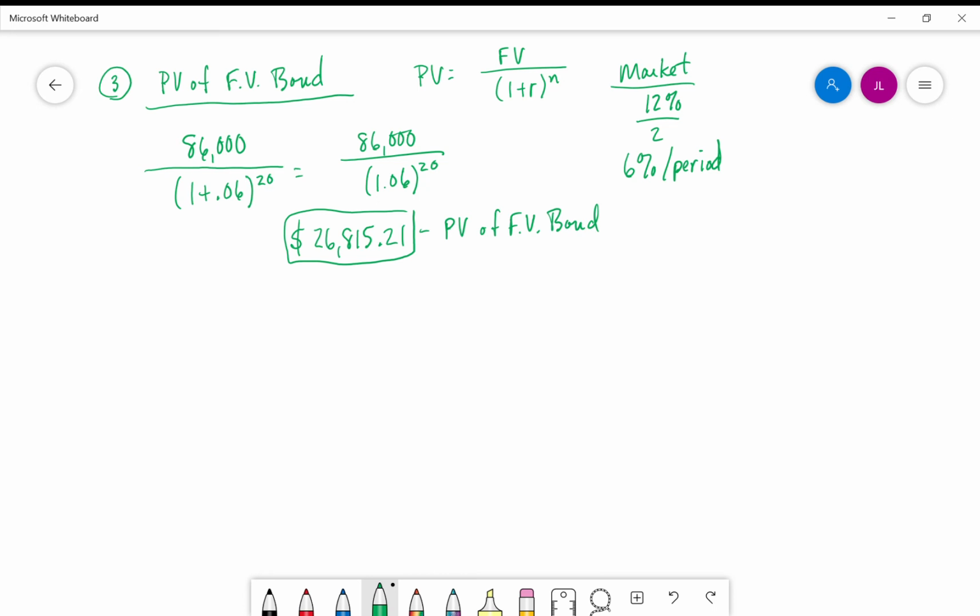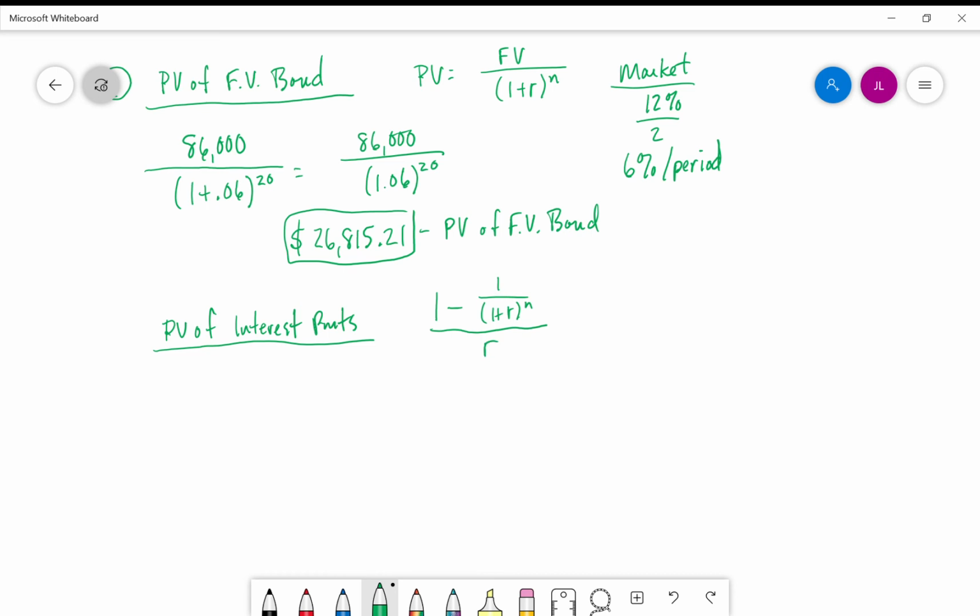Now, that's part one. The second part is to calculate the present value of the interest payments. So the present value of the interest payments, if you'll remember from just a minute ago, that was 1 minus 1 over 1 plus r to the n, and this whole thing is over our rate.